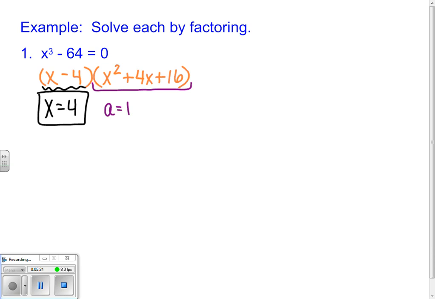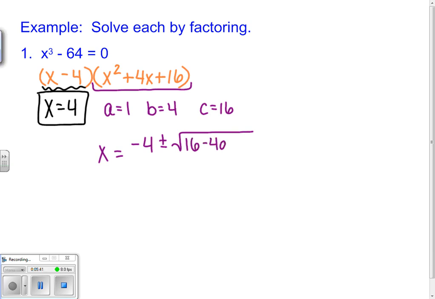My a value is 1, my b value is 4, and my c value is 16. So I get x equals negative b, meaning negative 4, plus or minus the square root of b squared, 4 squared is 16, minus 4 times a, which is 1, and c, which is 16, all over 2 times a, which is 1. Look up the quadratic formula if you need to.